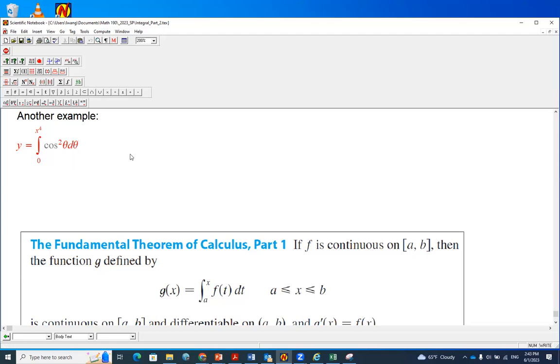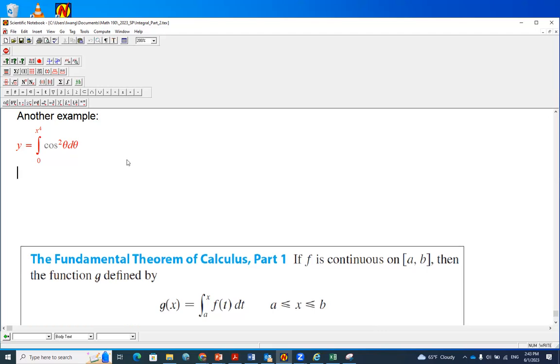Even though we can find the antiderivative of cosine square theta, we're not going to do it this time because we don't need it. You will learn those techniques in your calculus 2 class.